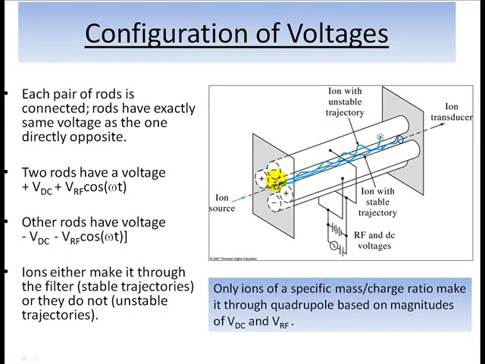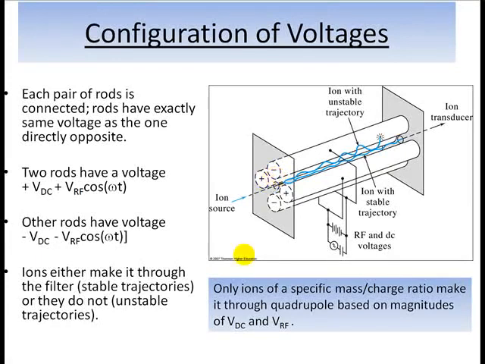Ions, as they go down through this central area within the quadrupole, are affected by the fields because, of course, the ions have a positive charge. At any given time, if the ions are sensing a negative field, they'll be attracted in that direction.